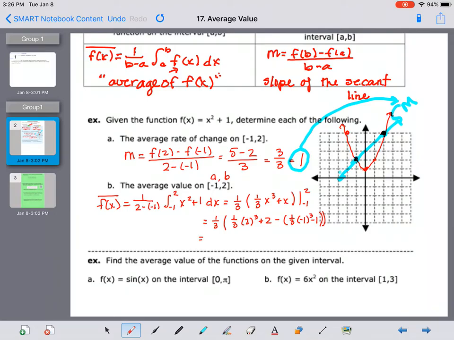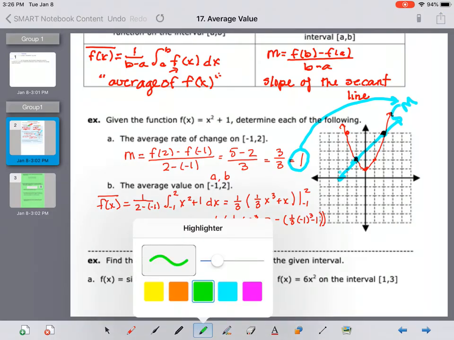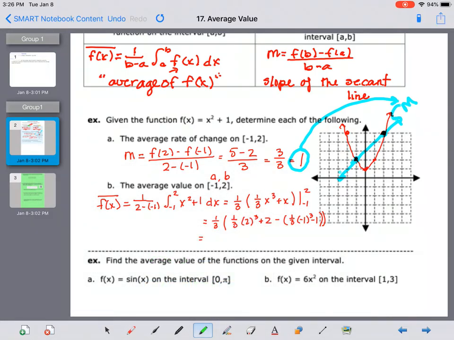So this 1/3 from our problem is a result of that formula right there. That's all it is. Now the 1/3 inside the parentheses is the result of taking the antiderivative, so don't get those two things confused.